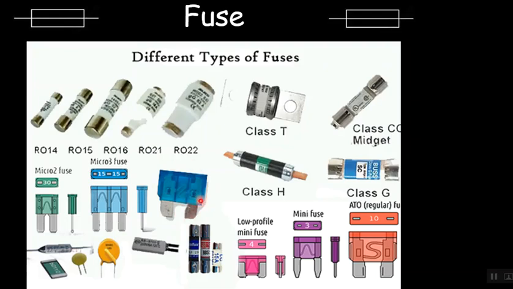As soon as there's too much current, and remember, current increases the moment resistance decreases, so if there's a short circuit, a tremendous amount of current goes through the wire, and that current burns the fuse inside there, preventing the current from flowing and heating up and starting to melt the wires and cause an electrical fire. So fuses break the circuit, and it's similar to circuit breakers that you'll find in your house.